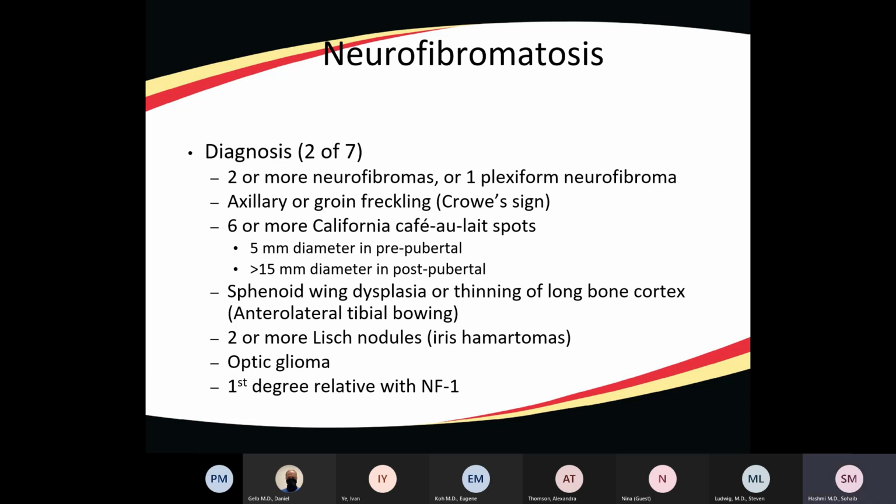These patients in their infancy and adolescence will also have anterolateral tibial bowing, which is pathognomonic for neurofibromatosis; 2 or more Lisch nodules or iris hamartomas; optic gliomas; and usually a first degree relative with neurofibromatosis type 1.